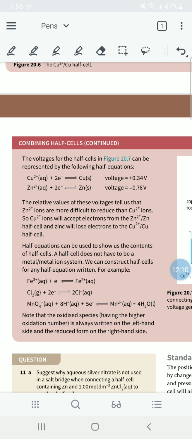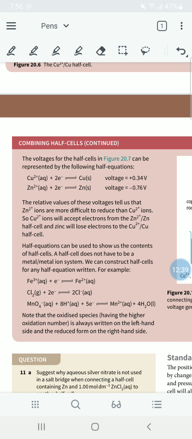So that is what happens. I hope you understand that the relative values, that is the plus 0.34 in copper and negative 0.76 volts in the zinc half cell, show us that zinc ions are more difficult to be reduced. That means zinc metal will easily become zinc ions, and copper ions will easily become copper.